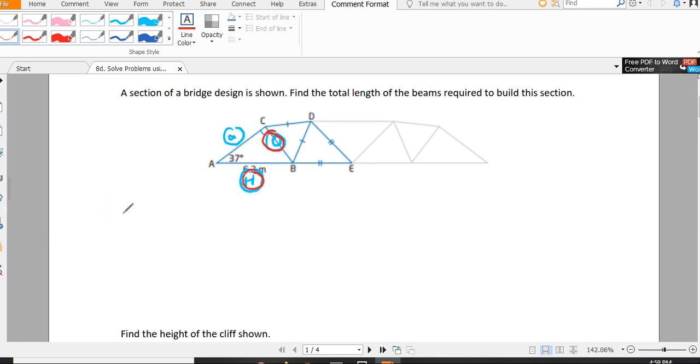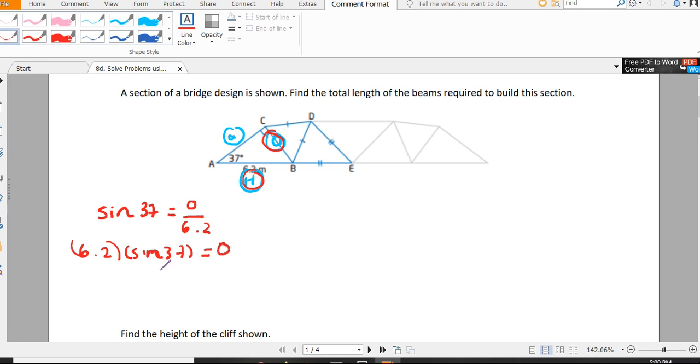I know that whatever I use I have to use opposite and hypotenuse, so I'm going to use sine. Sine of 37 is equal to opposite, which I'll call O, over hypotenuse, which is 6.2. If I quickly solve that, 6.2 times sine of 37 will equal my opposite side.